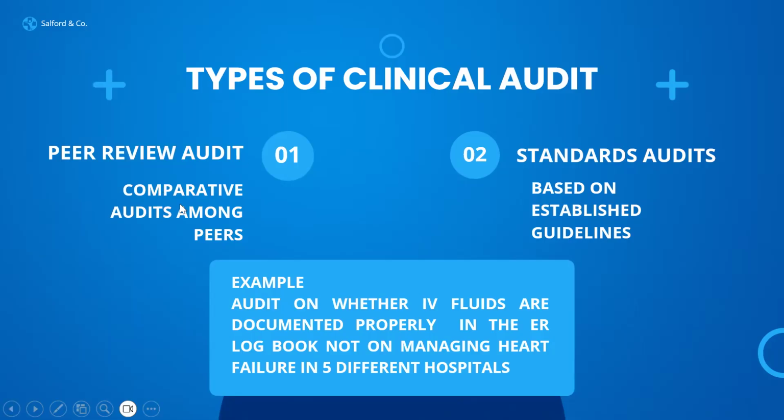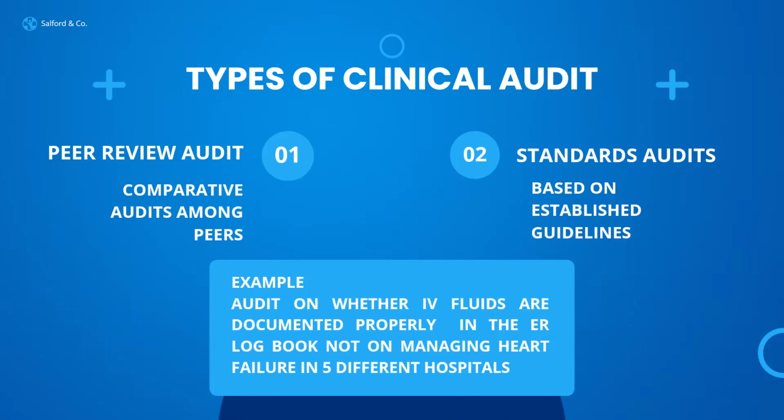Peer review audit is a comparative audit among the peers. Okay, so there's a hospital in the US that is a very high standard hospital. What you will see is how they are managing the patients. Whenever a patient with trauma comes to their department, how do they manage it? And what guidelines have they established? So you will take those guidelines and you will see, is my hospital following those guidelines or not?